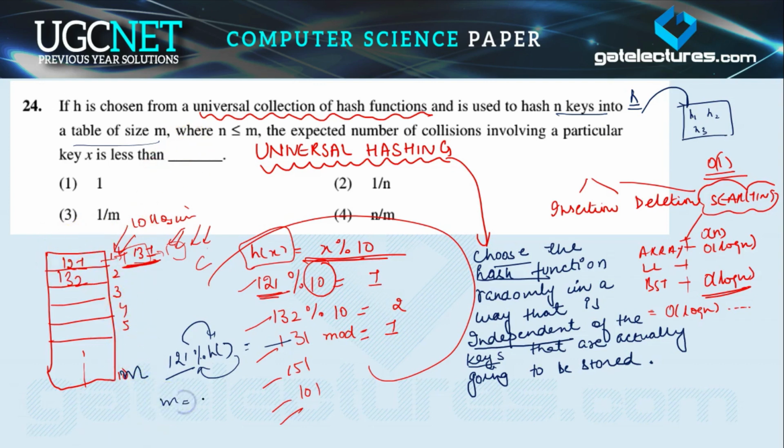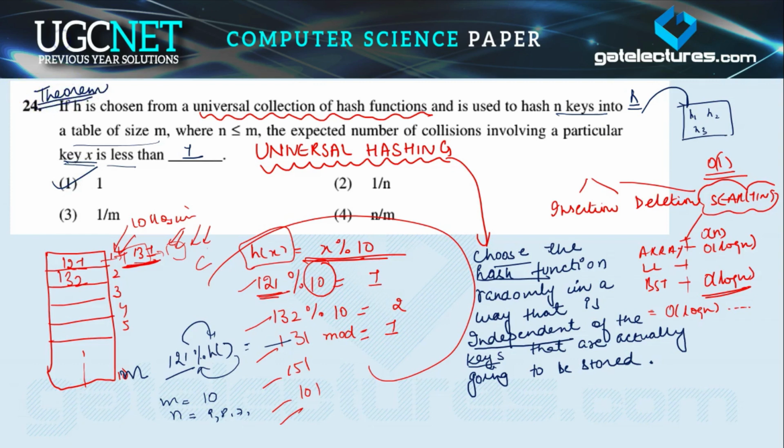Suppose the size of the memory table is 10, then the number of keys should be less than 10. It can be 9, 8, 7, 6, 5, 4, 3, 2, 1. So the expected number of collisions involving a particular key x is less than how much? It is less than 1. So 1 is the correct option. This is the universal hashing theorem.